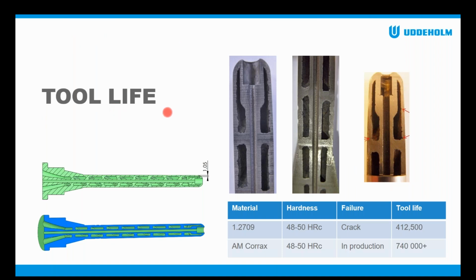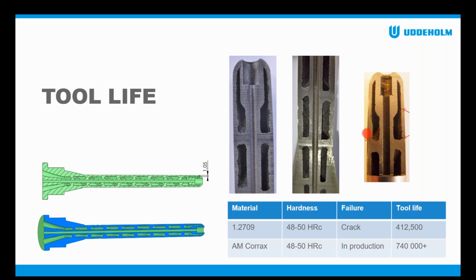To show you a customer case where we have compared two different materials in the same application, this is a quite small insert where the original insert was created in 1.2709 at a hardness of 48 to 50 Rockwell, and it cracked after 400,000 shots. The reason is that 1.2709 is not corrosion resistant. You can see here that there is severe corrosion in the cooling channels, which led to small cracks between the cooling channel and the surface of the tool.